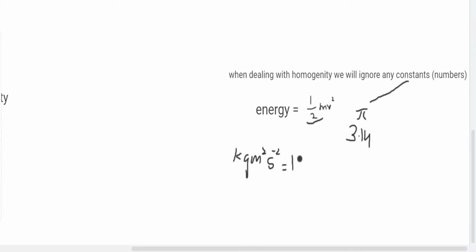I know that m represents mass, which is kg, and v represents velocity, so v is m s^-1. And this is squared, as I said. When this gets squared, whatever is present inside the bracket also gets squared. So I get kg m^2 s^-1 times 2 gives me s^-2. And this tells me that whatever is present here will always be present on the right hand side.